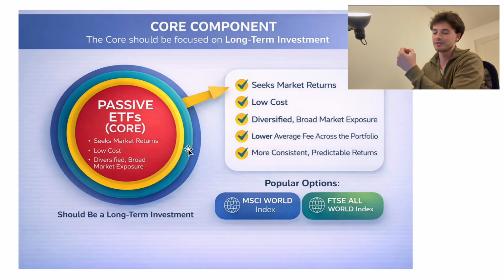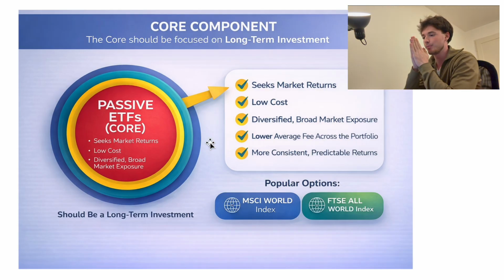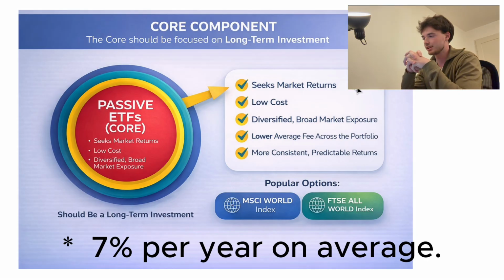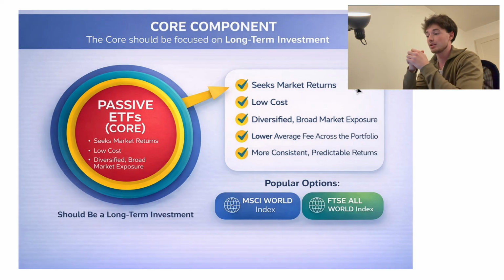What are the benefits of having a passive ETF in our portfolio? Well, it actually seeks market returns. So in the past 15 years, the markets have always grown, giving us around a 7% return. It has low cost because it's just one ETF and we don't have crazy fees in our broker.